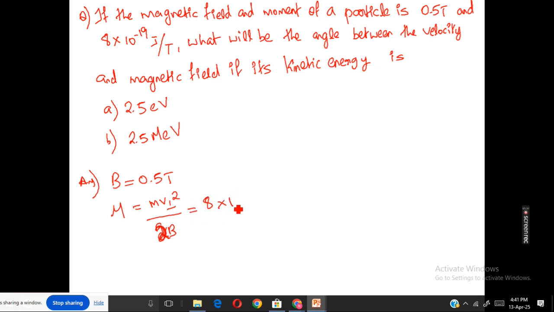It is given by 8 into 10 raised to minus 19 joule per Tesla. What will be the angle between the velocity and magnetic field if its kinetic energy is 2.5 electron volt and 2.5 mega electron volt? This is coming from the portion on magnetic mirroring.